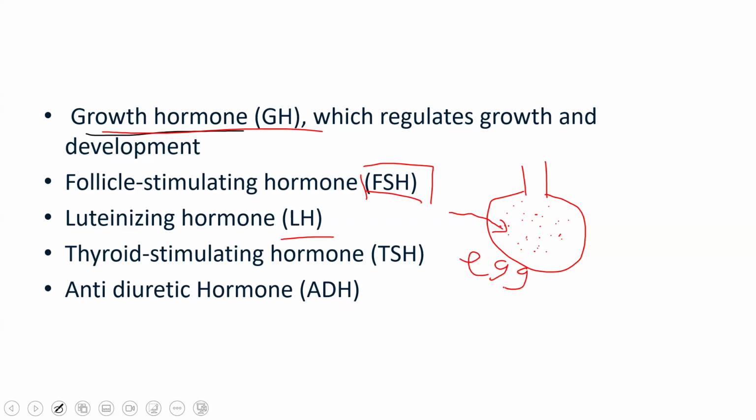As the FSH stimulates the follicle to become an egg, then LH, which is luteinizing hormone, gets produced, and luteinizing hormone causes ovulation. Those two are produced by the pituitary gland, and literally they are maturing an egg and then ovulation.